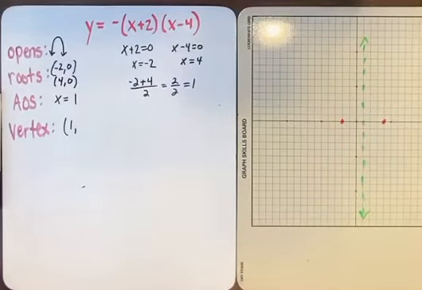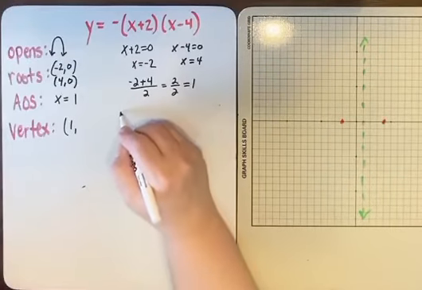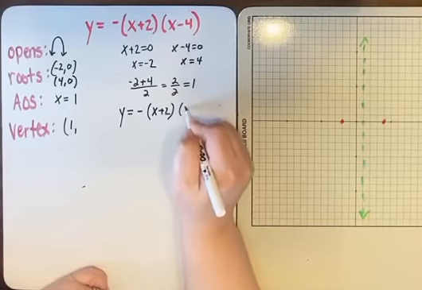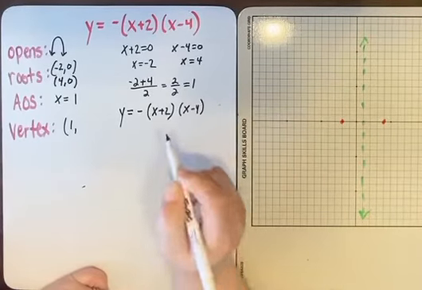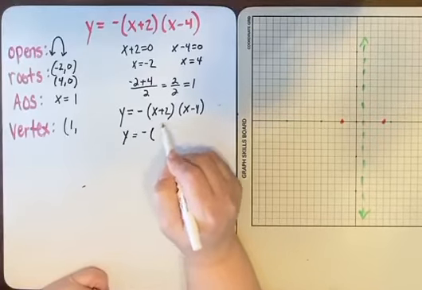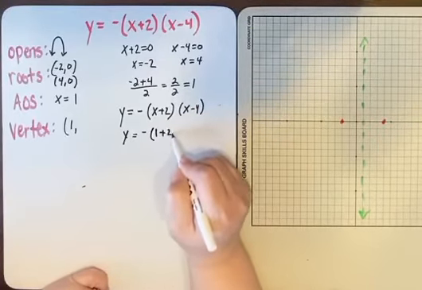Now I need to find the y-coordinate of my vertex. And so if I was given the original equation, and I know the x-coordinate, I can now plug in 1 in place of x.